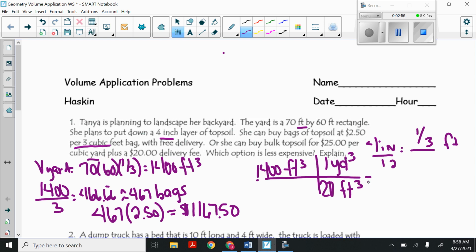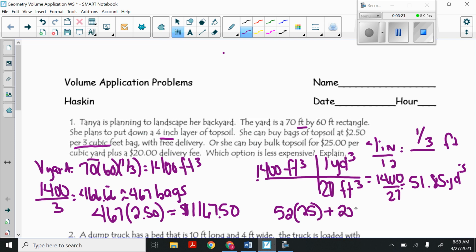If we do 1,400 divided by 27, we find out that we have about 51.85 cubic yards for the volume. So we're going to say that's approximately 52. So 52 times $25 per cubic yard plus the $20 delivery fee. We multiply all of that together, and we get $1,320.